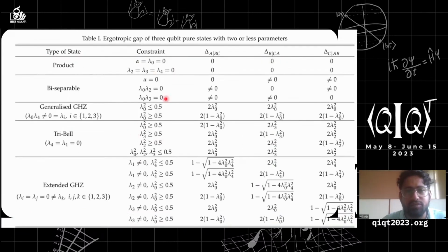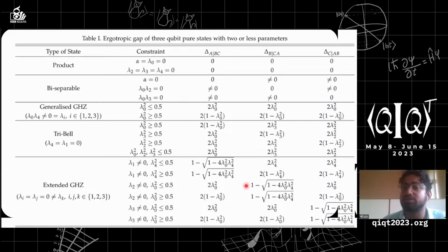For the product states, this is 0. For the biseparable state also, the minimum of these 3 quantities, which are those bipartite ergotropic gaps, is 0. Only for the genuine entangled states, some W states, those are tripartite, and extended GHZ states, this becomes non-zero.